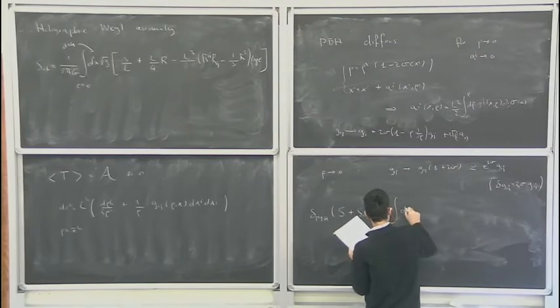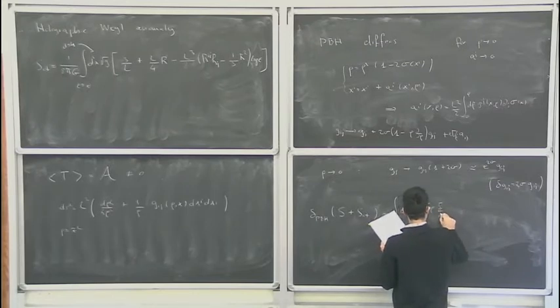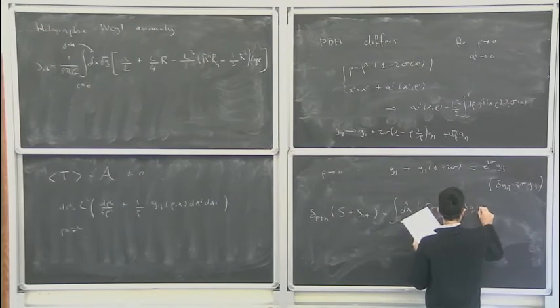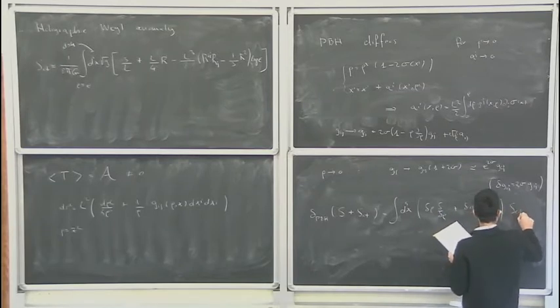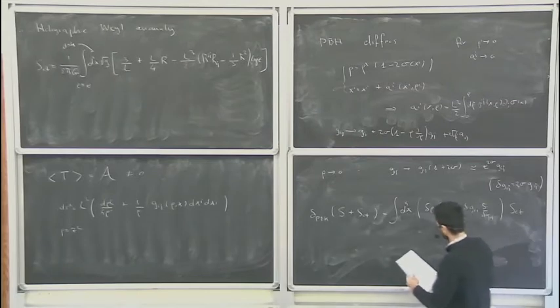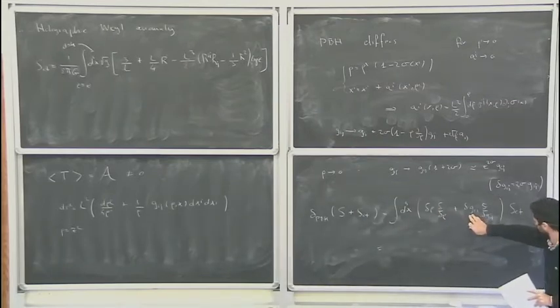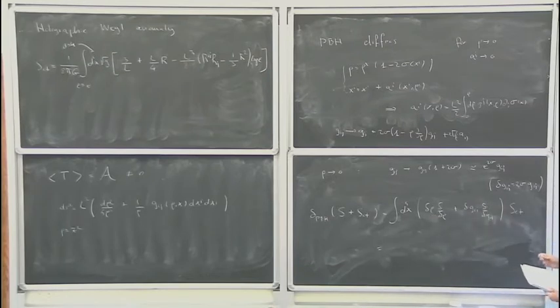So this is some d^4x, delta rho plus delta Gij on the counter term action, which if I put then explicitly what is delta Gij and what is delta rho. So let me just put in different color here.